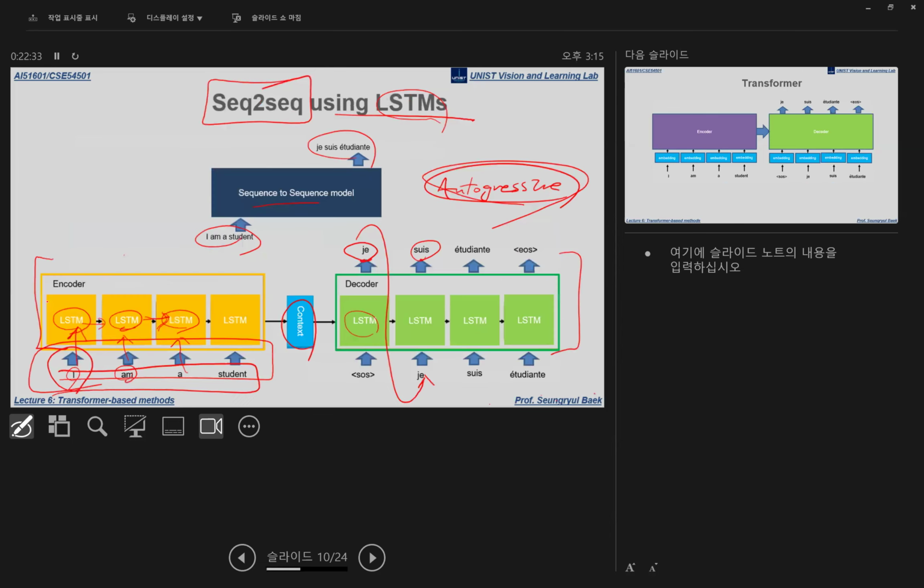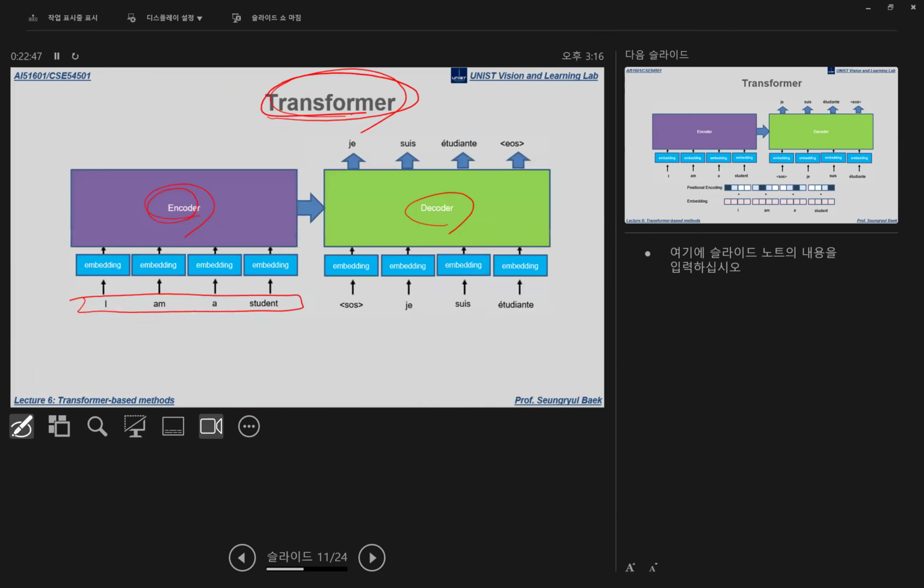But differently from the LSTM-based architecture, which inputs elements one by one sequentially, this transformer encoder inputs all of the sentence at once.